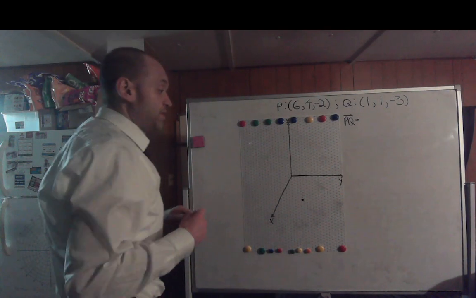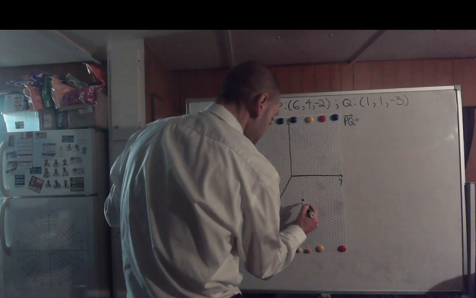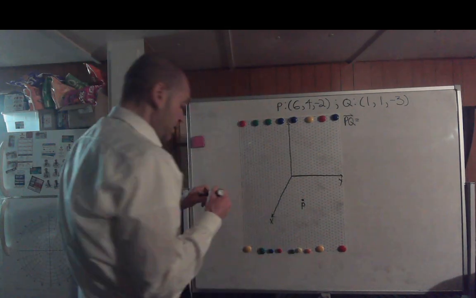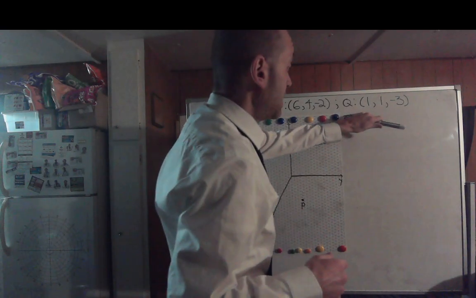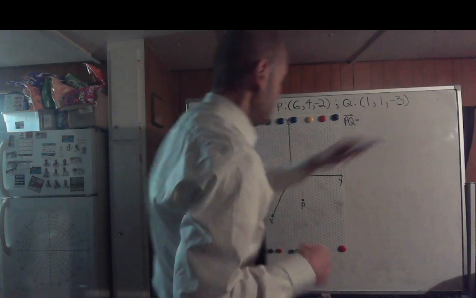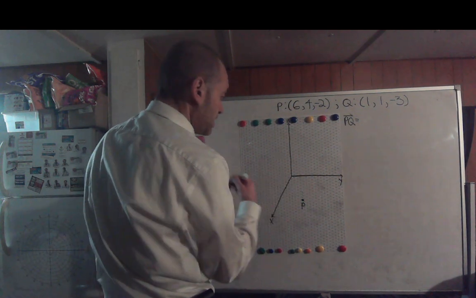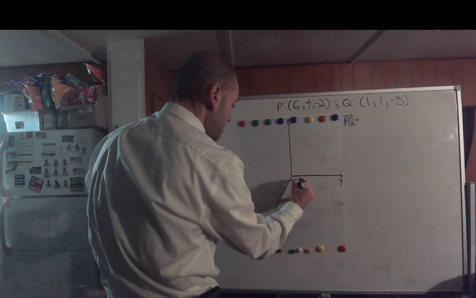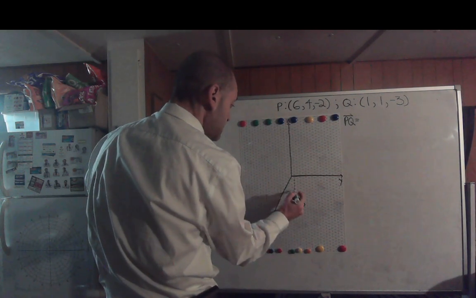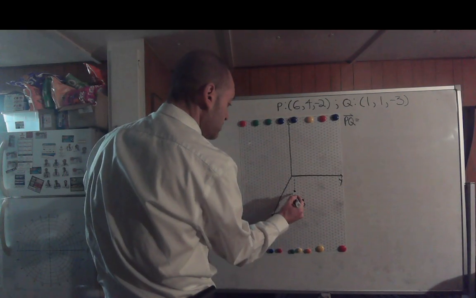Now I need to find point Q. So here's point P. Now point Q I have at 1, 1, -3. So here's about 1 on the x-axis, 1 on the y-axis. Let's go down about 3 units. And there's my point Q.